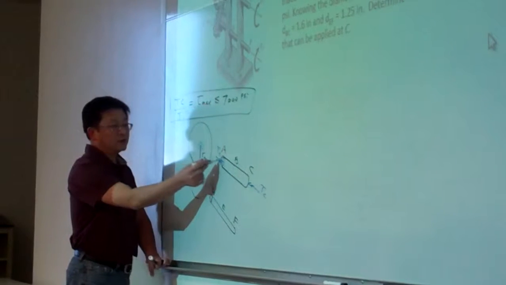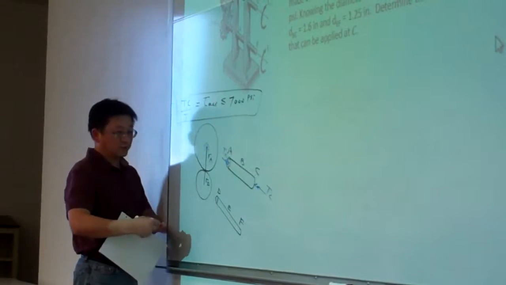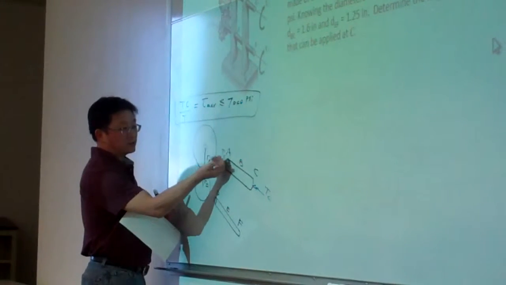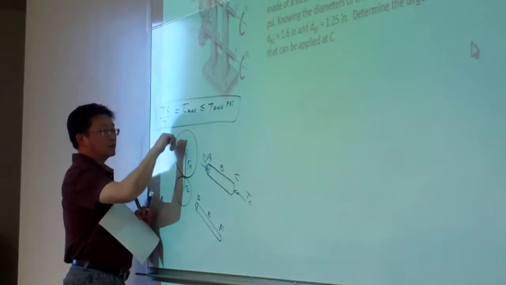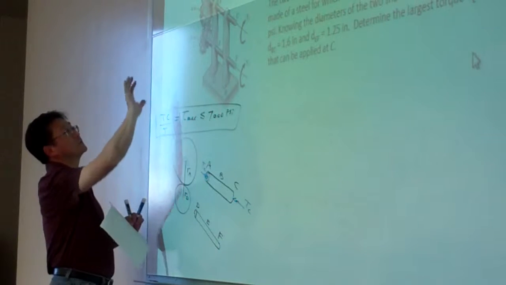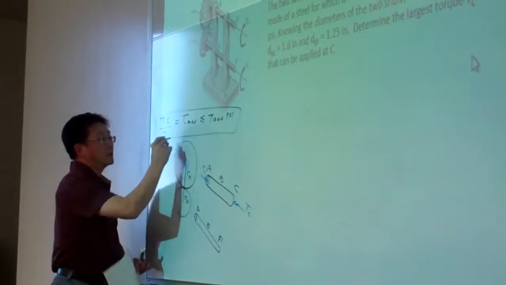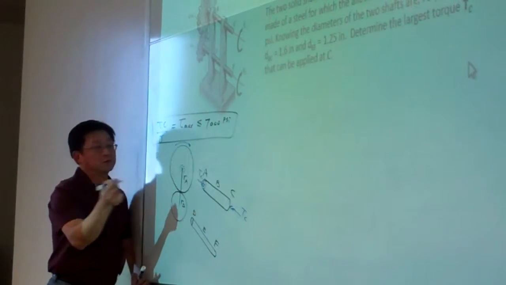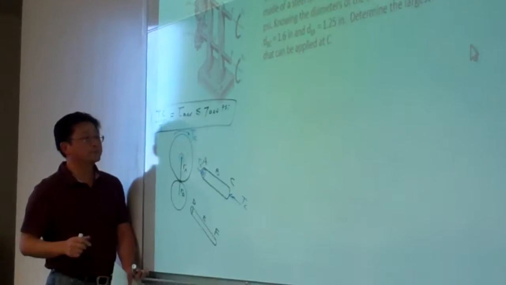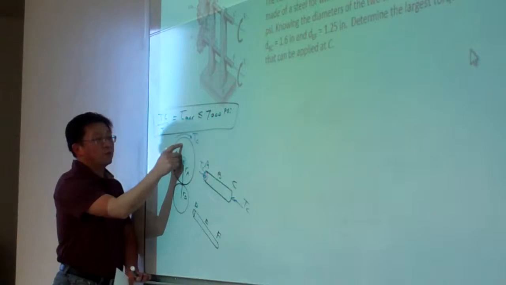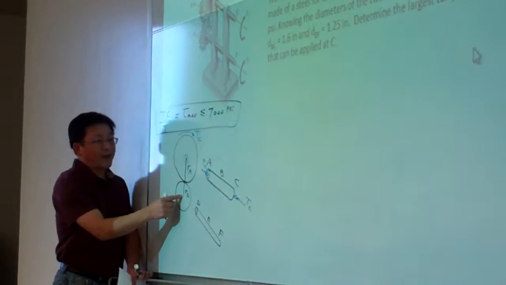Okay, so if TC is going that way, let me draw this one. The TC is in this direction, so that means to here, that should be, I'm kind of confusing myself. Whatever, I just draw one direction. How about that? Okay, so this is TC here. And this one must be balanced by this.